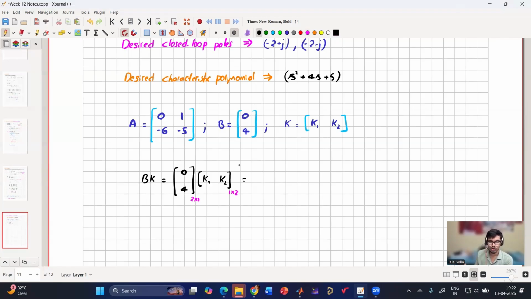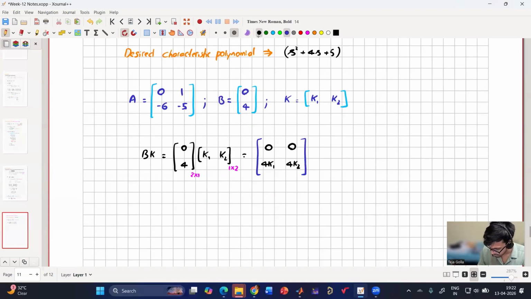So I also found a solution where I can make myself more comfortable with matrix multiplication. If I multiply, the top row will be 0, 0, and then the bottom row will be 4k1, 4k2. Okay, so my BK is obtained. Now I have to calculate A minus BK.